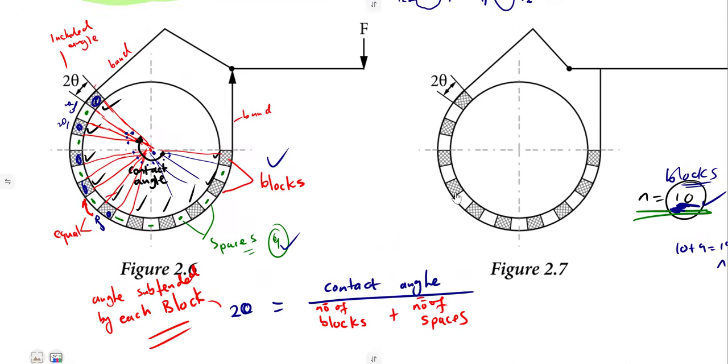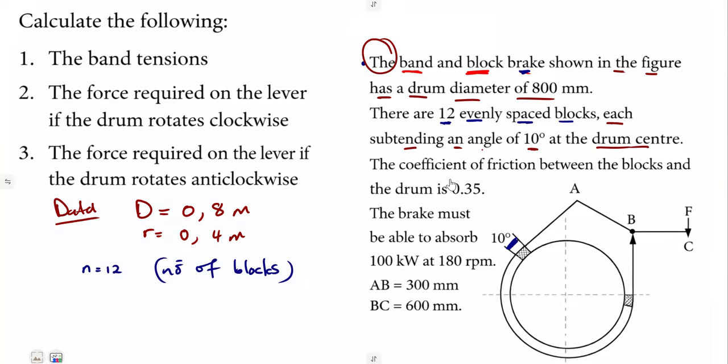the included angle. So here, do not worry about the space and so on. Already they gave us the angle there. Even the spaces would have the same angle, 10, 10, 10 throughout.